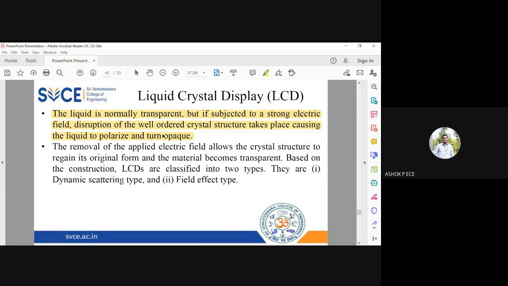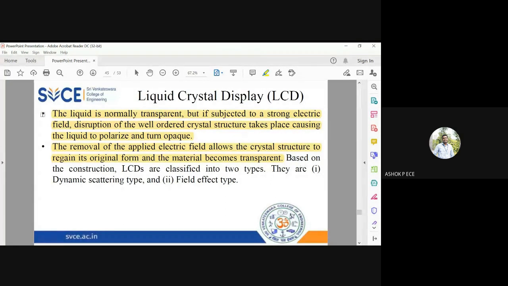The removal of the electric field will allow the crystals to regain their original form and become transparent. As simple logic, as long as the electric field is there, they will be aligned along the field and they are opaque. But if you remove the electric field, they return to their original form and orientation and become transparent.